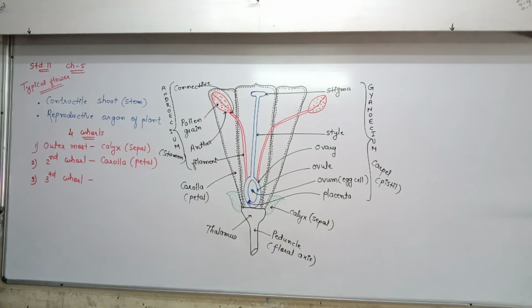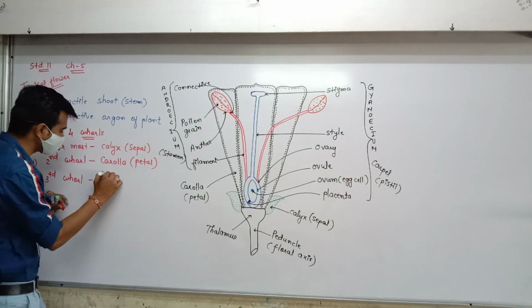So sometimes if the question is asked, explain the walls of the flower from inside to outside, you have to first explain gynoecium, then androecium, then corolla, and then calyx. Okay, read the question and then explain it perfectly. Third wall is known as androecium.